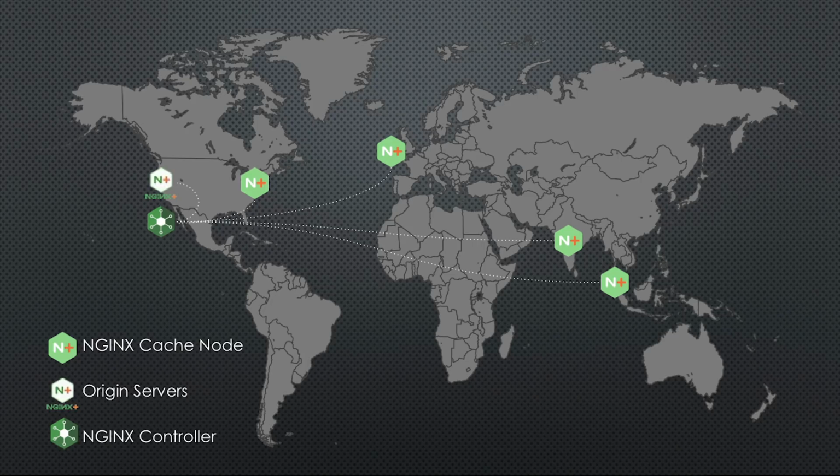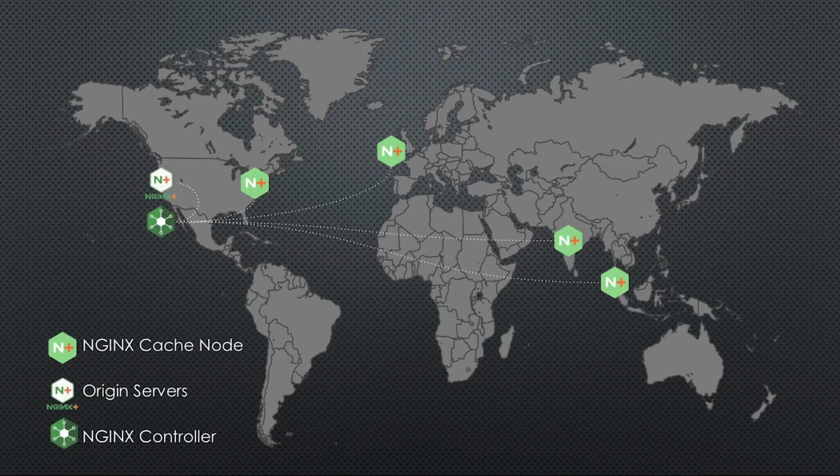As an example, I built my own CDN based on NGINX Plus, just as a proof of concept. At a high level, it looks something like this. I have my NGINX Plus origin servers in San Francisco, serving my test web applications, and I've also deployed NGINX Plus cache nodes around the world.